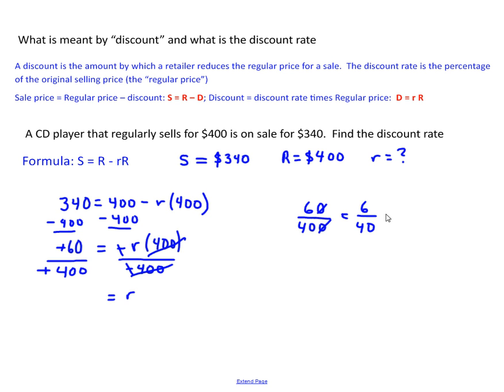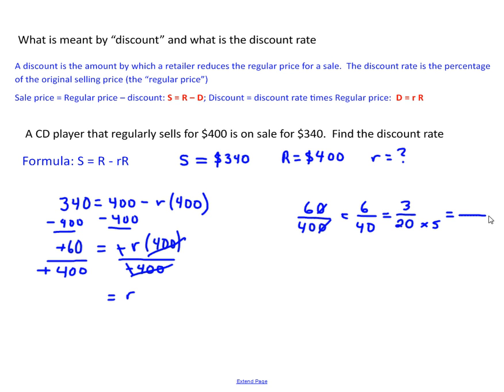Now, we can continue to divide this out, so we can say this is the same thing as 6 is divisible by 2, giving us 3, and 40 is divisible by 2, giving us 20. So if we wanted to get our rate, we're going to have to take 3/20ths. Well, a percentage rate is something out of 100, and I happen to know that if you take 5 times 20, you get 100.